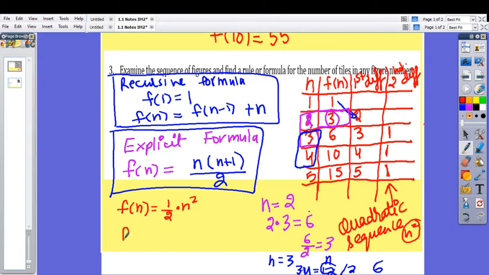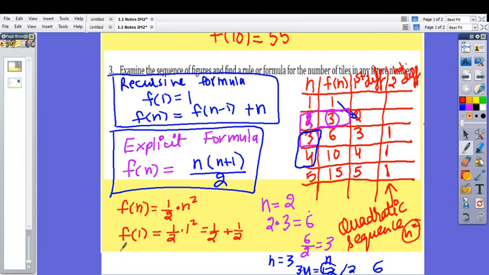So then you plug in and you find out what it is that you still need to add to that. Does it make sense? So then let's find out. If n is 1, then we will be doing 1 half times 1 squared, which is 1 half. But this is not what we are getting. We are getting 1, so we need to add another half to make it 1.